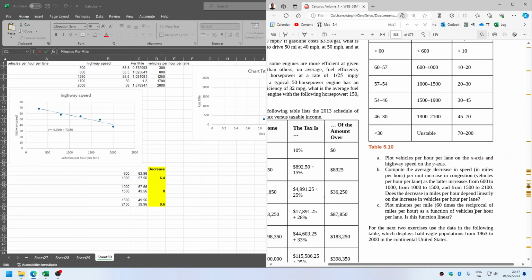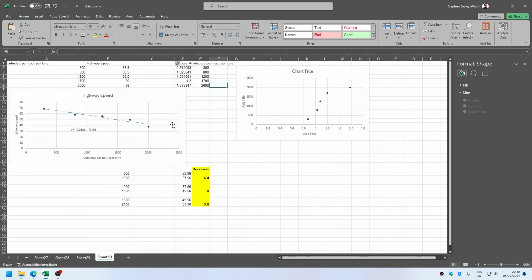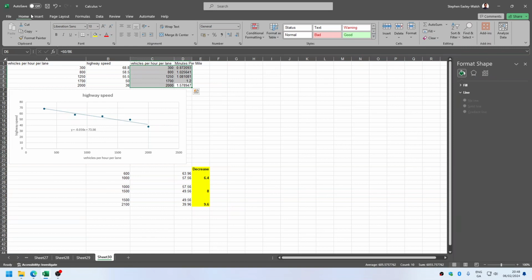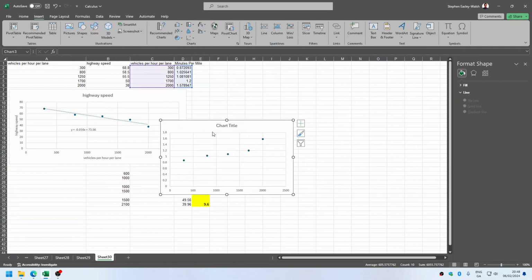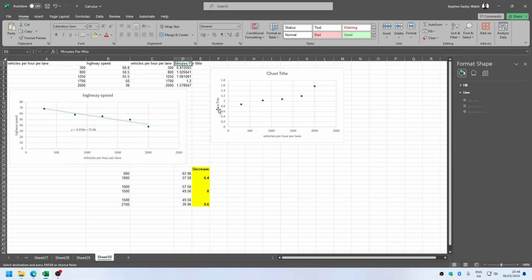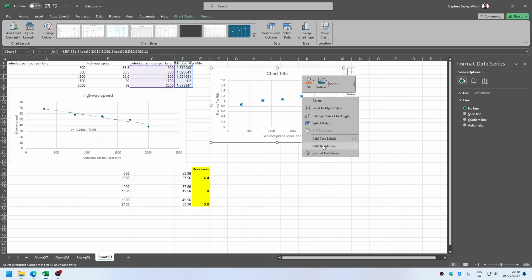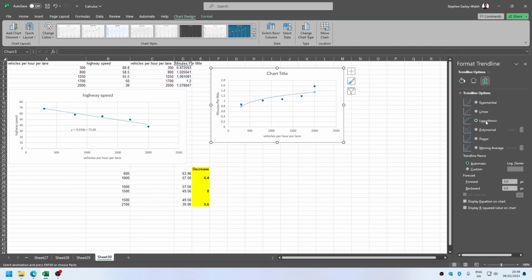I think I have these backwards. It's not really that linear.